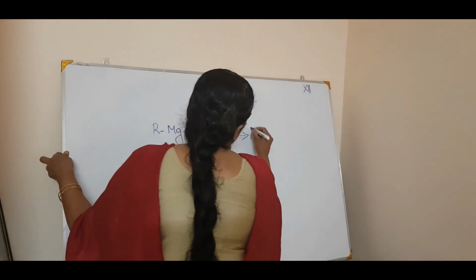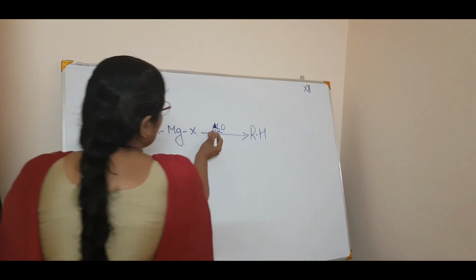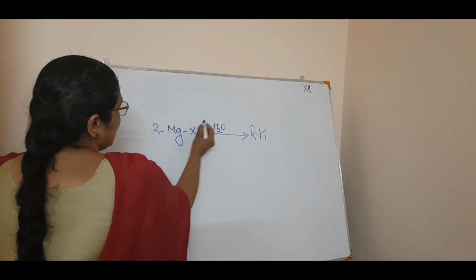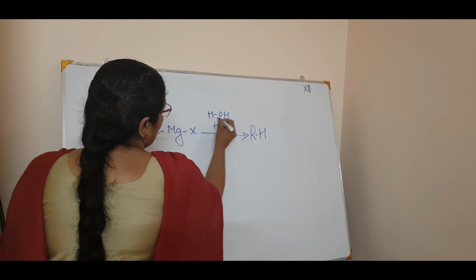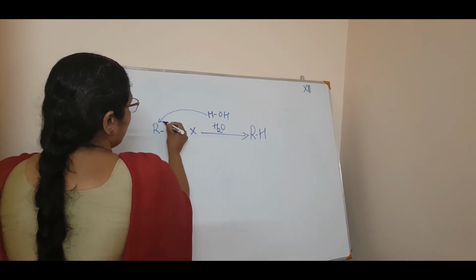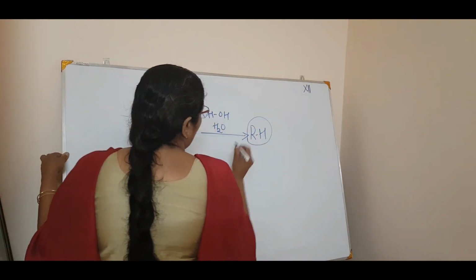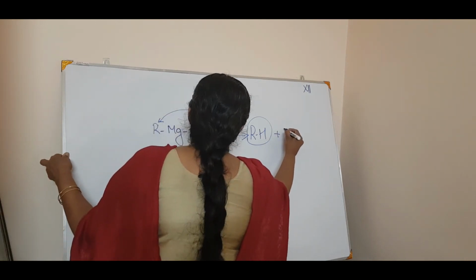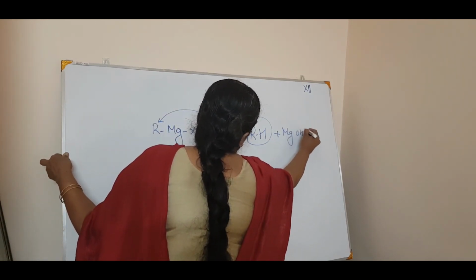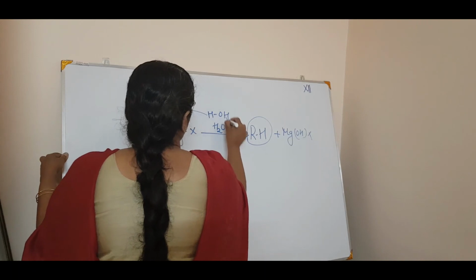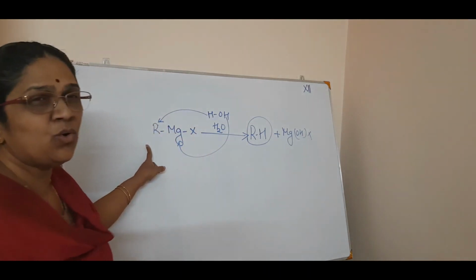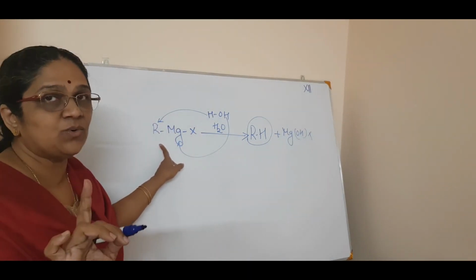Then it forms the hydrocarbon. The hydrogen atom will come here. See, it is H-OH. So I will tell you the mechanism. This hydrogen atom will go here and form this hydrocarbon RH, and the resulting product is MgOHX. The OH will come to the Mg. See, you don't need to study the mechanism. I just told you that.